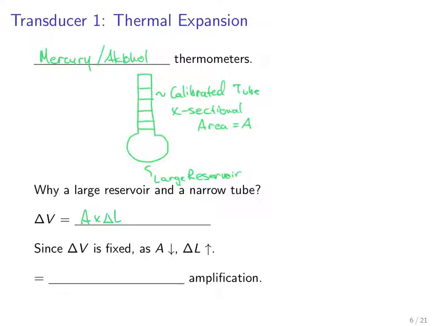So since delta V is fixed for a given change in temperature, as the cross-sectional area decreases, the length along which the liquid will move for a given change in temperature increases. And this is a form of mechanical amplification.